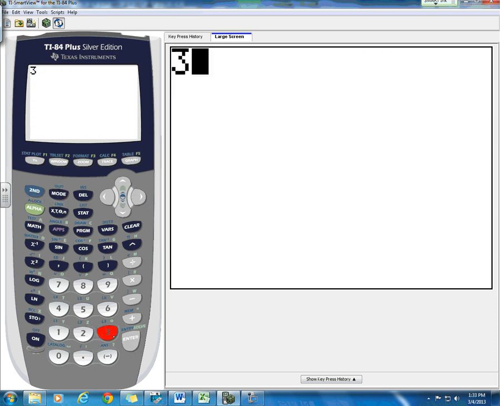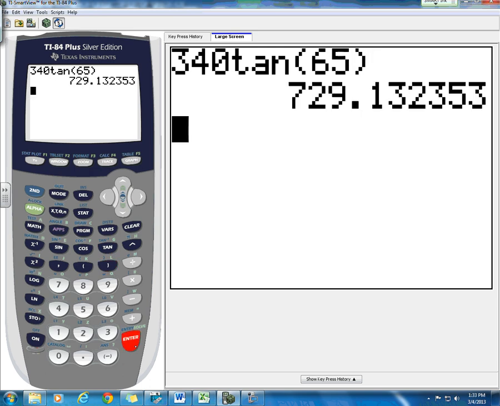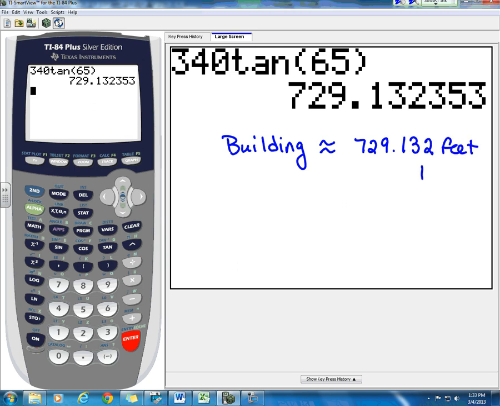So 340 sine, no, it wasn't sine, it was tangent. Tangent 65 degrees. And we get that the building is approximately 729.132 feet tall.